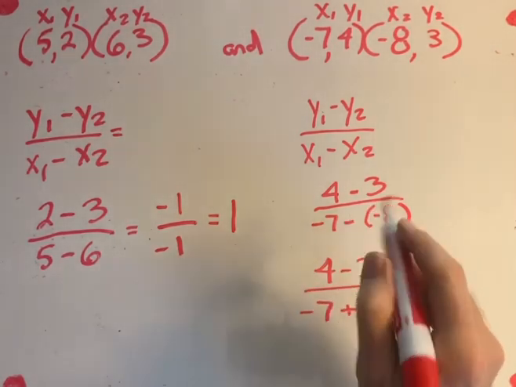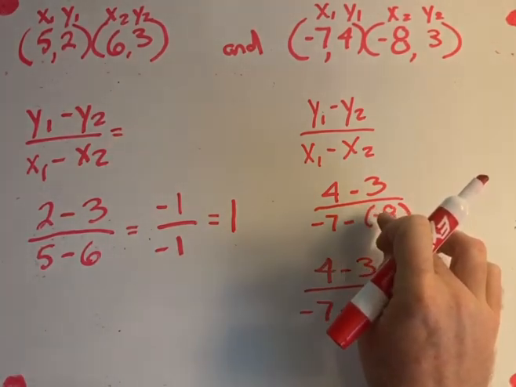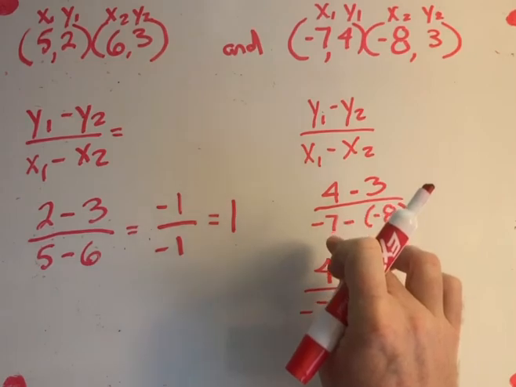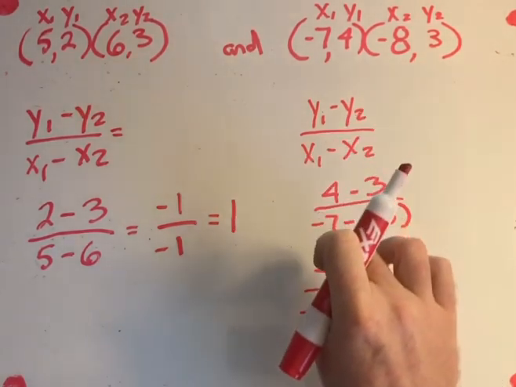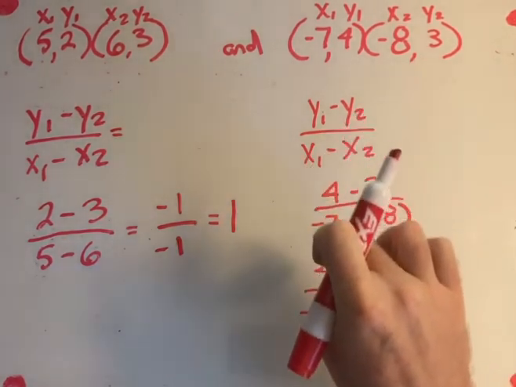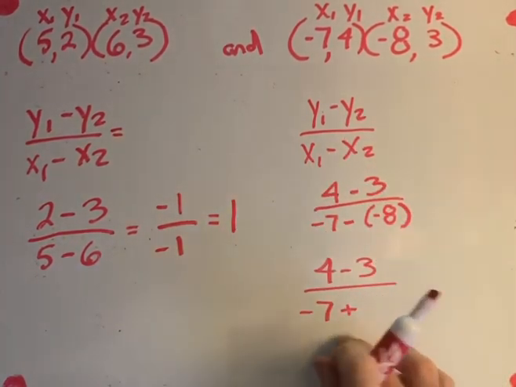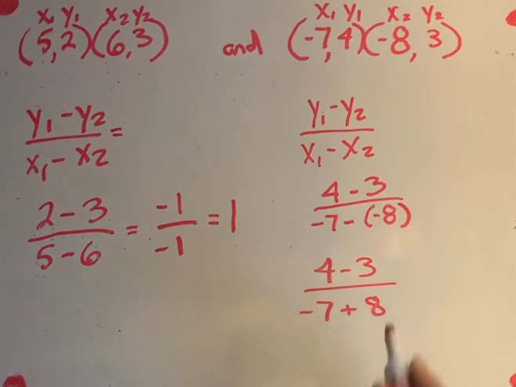A negative makes a positive. Think of that negative sign jumping into the other one and forming a plus sign. So that becomes plus 8. It doesn't become plus minus 8 or plus negative 8. It just becomes negative 7 plus 8.